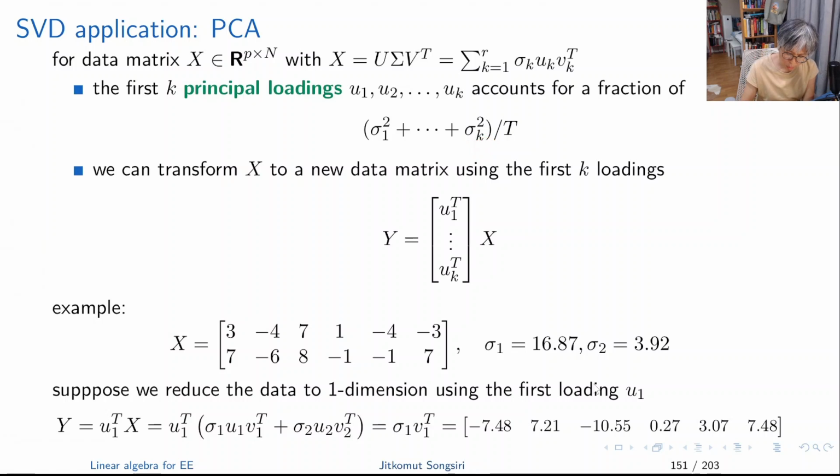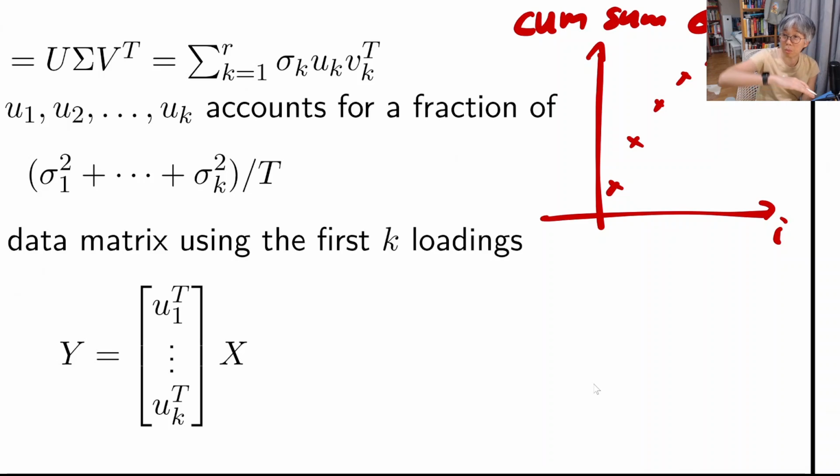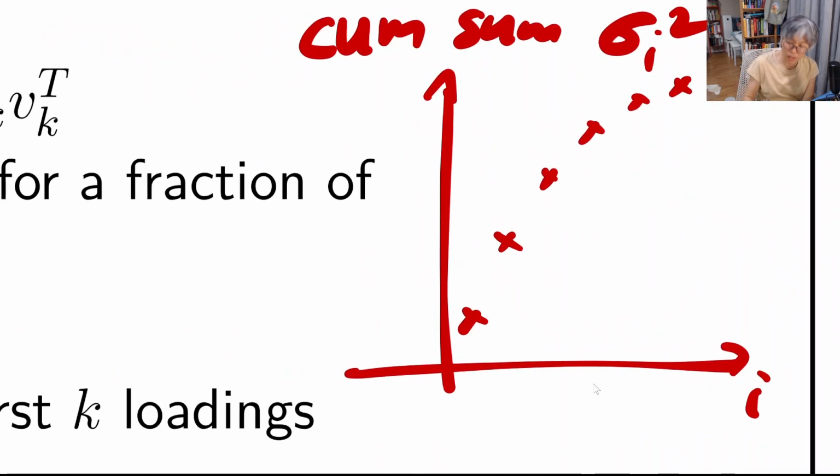Suppose this is the cumulative sum of your singular values. If you take the cumulative sum, it's going to be increasing. If you want to obtain the total variance, you must use all the singular values.